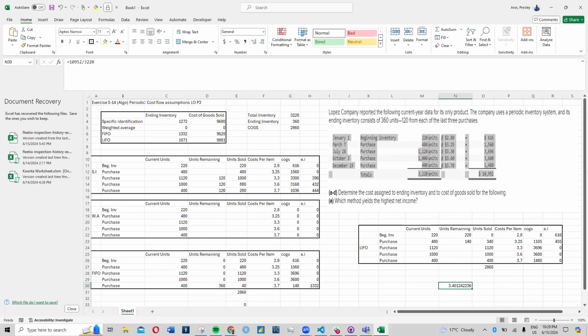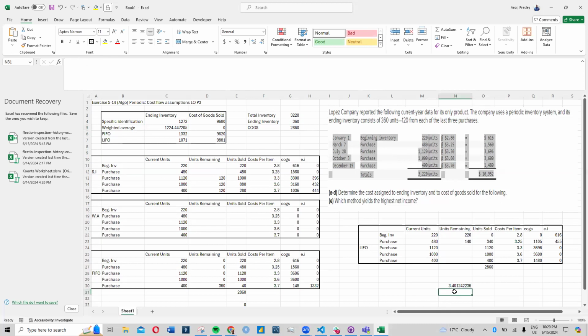So basically, all we need to do is just do this times, actually, ending inventory times the price we just got. And we would get 1,224 if we use 3.400.